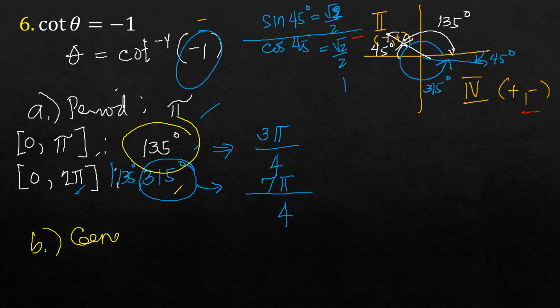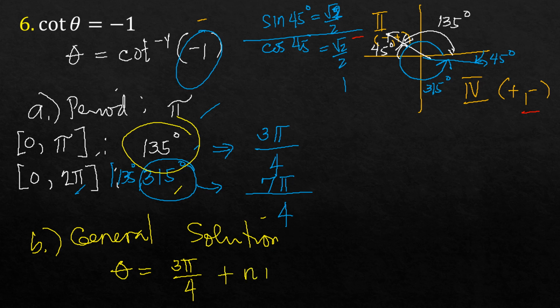So the general solution of cotangent here is theta is equal to 3 pi over 4 plus n pi. Remember that n is any integer.